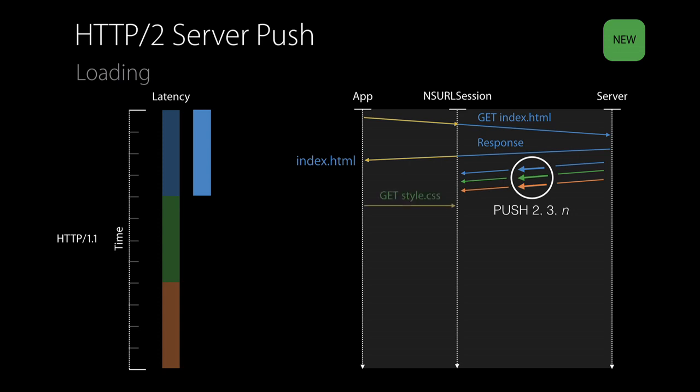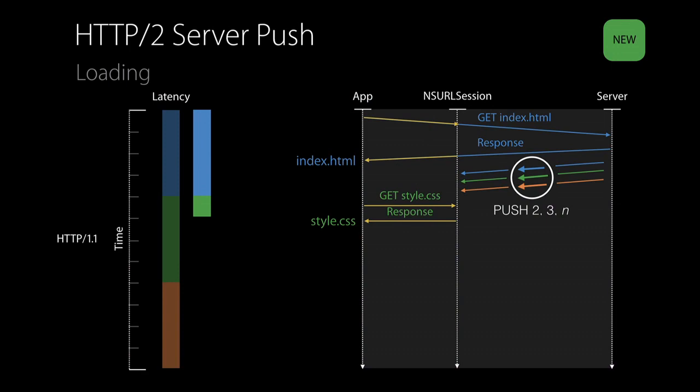When our application resumes the second task and requests style.css, we get an almost immediate response. And this is because server push gave us the data before we really knew we needed it. Now we have style.css, and we notice that the accumulated time for style.css is substantially shorter when compared to the time HTTP 1.1 needed to load the exact same resource.